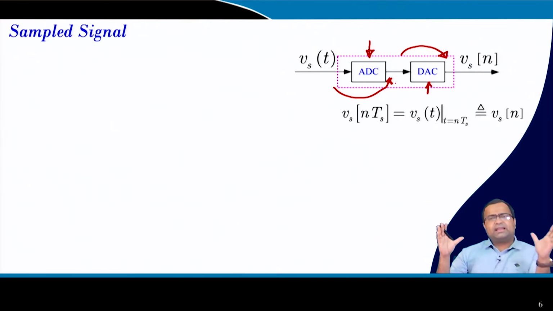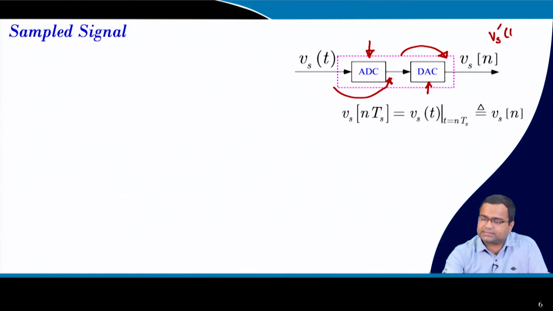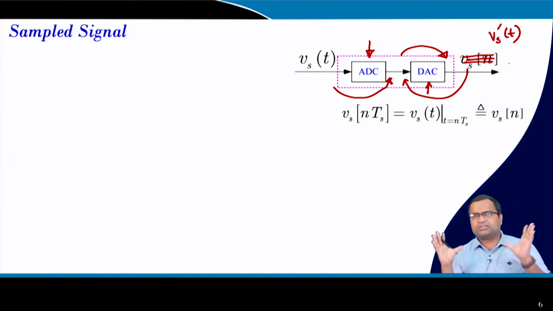If the sampling rate is very high, as we know from common sense, then the output signal is Vs dash of t, because it should be time domain, as it is again an analog, continuous time signal.